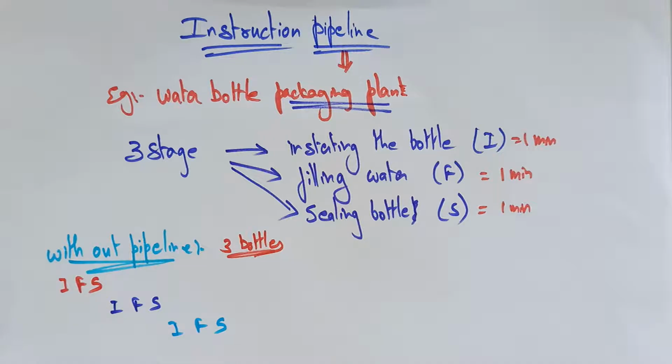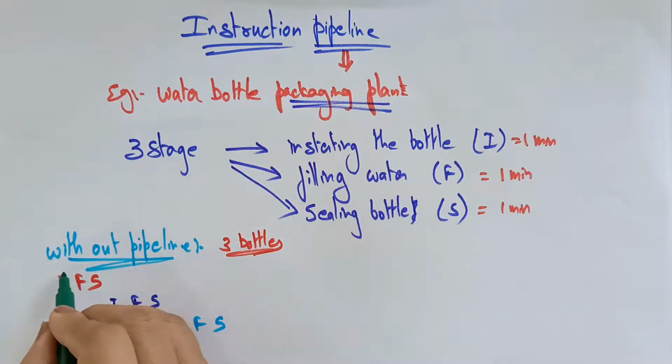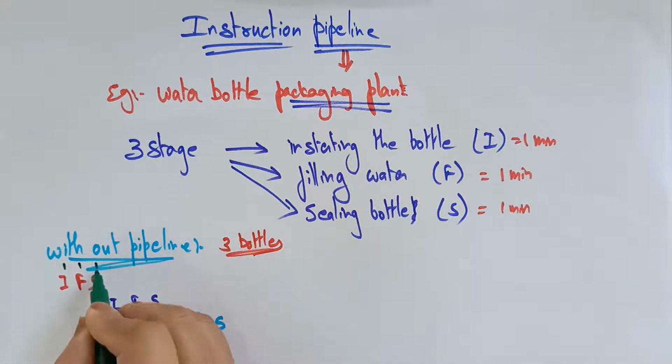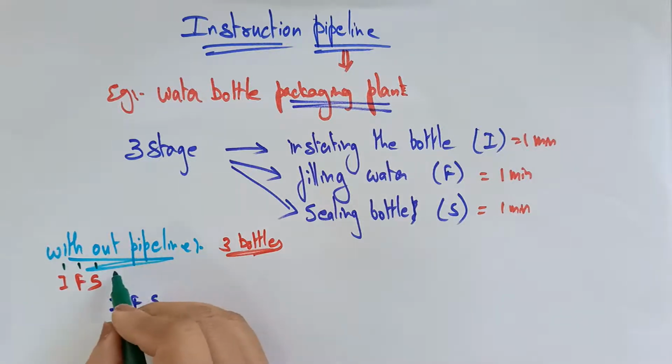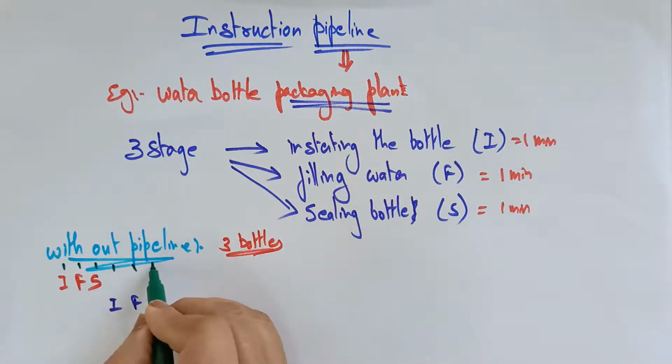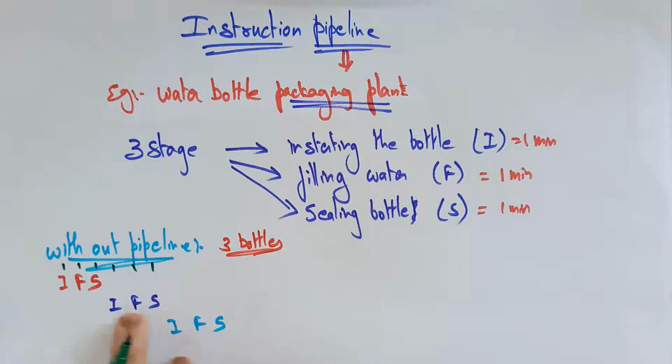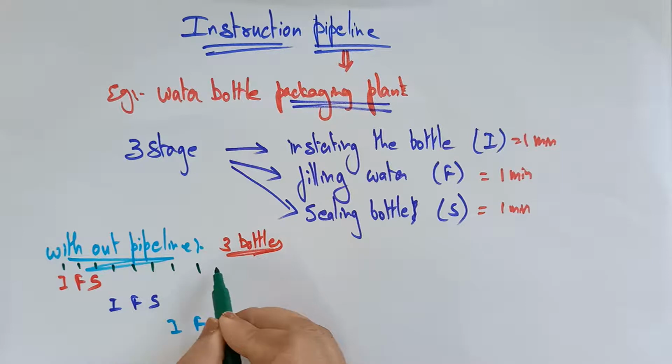Each stage takes 1 minute, right or wrong? This is 1 minute, this is 1 minute and this is 1 minute. So the first bottle takes 3 minutes and the second bottle 1 minute, 1 minute, 1 minute. So 2 bottles take 6 minutes and the third bottle 1 minute, 1 minute, 1 minute.